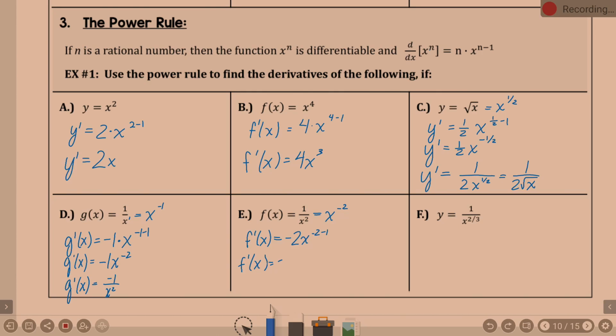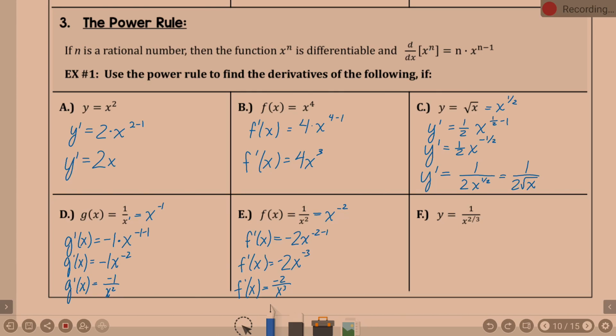So negative 2, x to the negative 3, or written without the negative exponent is negative 2 over x to the third. Oh boy. Are we all going at the next one?